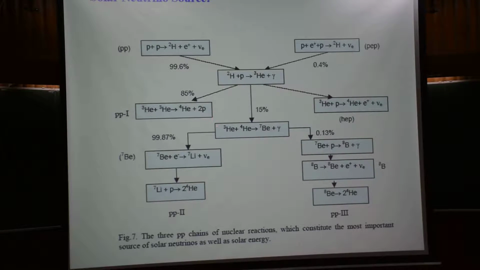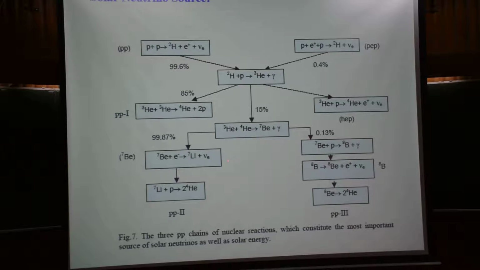But 15% of the time helium-3 combines with helium-4 to give beryllium-7 and a photon, and 99.9% of the time, almost all the time, beryllium-7 combines with an electron to give you lithium-7 and a neutrino. So this is called the beryllium neutrino.